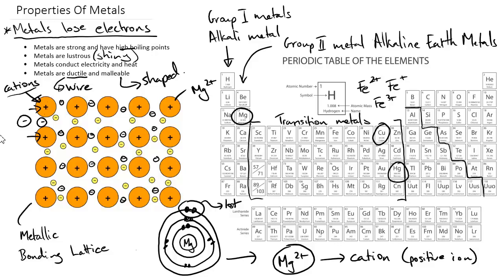Now, high boiling points. The reason why metals have such high boiling points is if you actually want to tear this structure apart, these metallic structures are extremely stable. You've got the positive charge here and the negative delocalized electrons that are roaming around, and then another layer of positive and then another layer of negative and so forth.